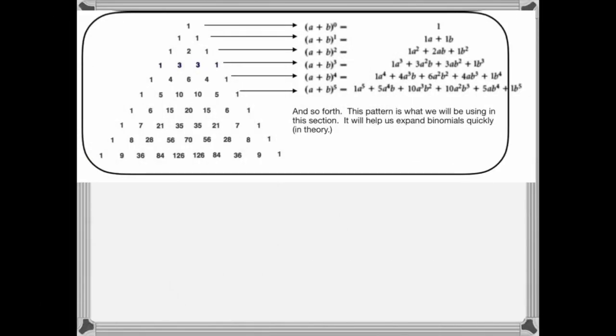Okay, now these are clearly things that we're a little bit more versed in, especially since we've been studying patterns and whatnot. And what Pascal's triangle is going to help us do is, when we start expanding out all these binomials, we know that this guy right here obviously is going to equal 1, and a plus b to the first power is just going to equal a plus b.